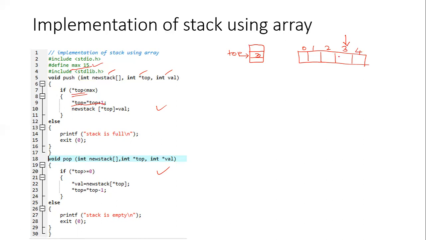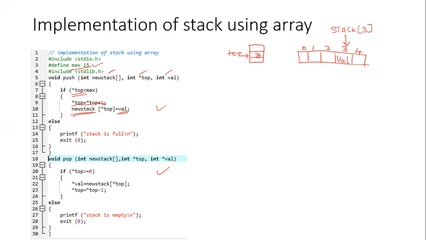Then whatever value we have here will be moved to the new stack of top, that is the pointer variable top. So top is pointing to the value 3, so to the stack of 3, the value will be loaded here.